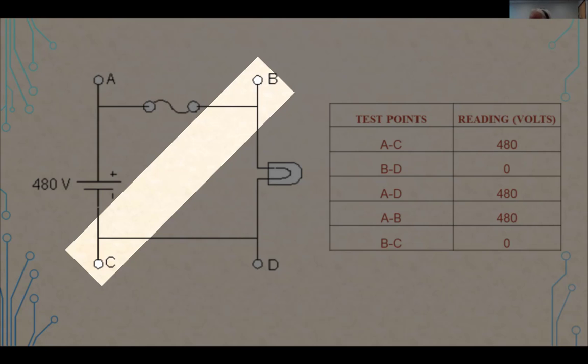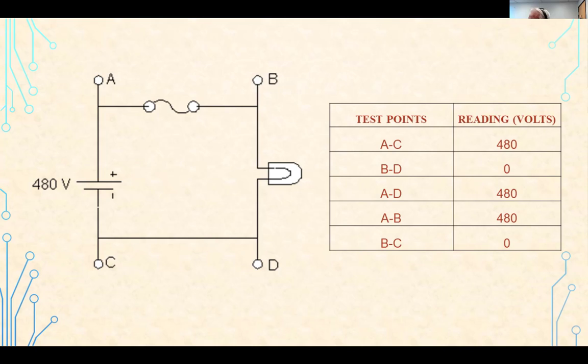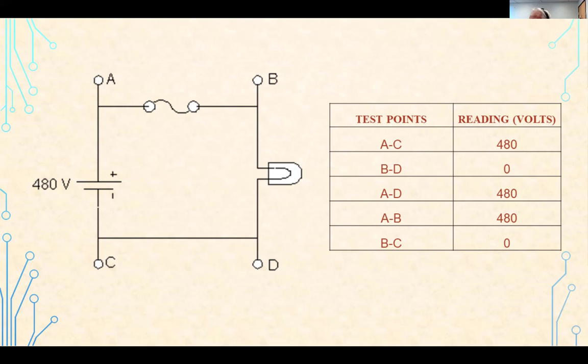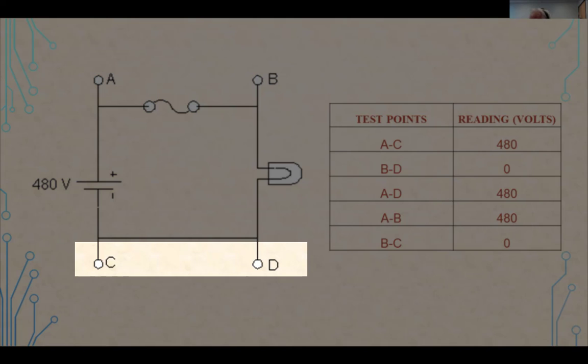That's what I was reading. Yeah. So that's another indication. So A to D, how's it 480 with a blown fuse? A to D is just like measuring it across the battery. Yeah, because it's still negative. Point D is exactly the same point as point C, right? So, which is right across the battery.